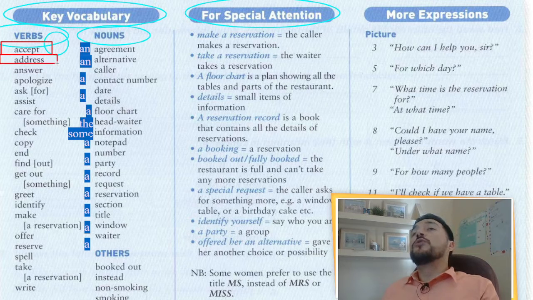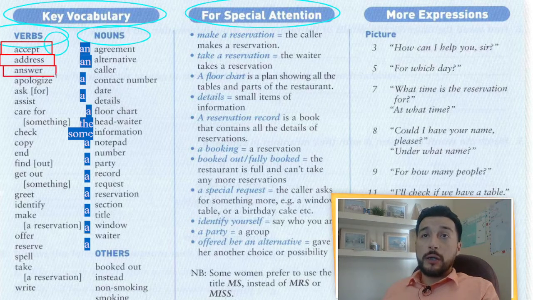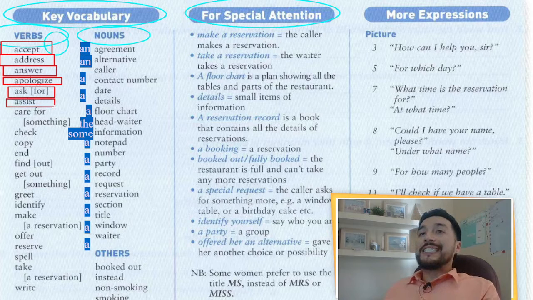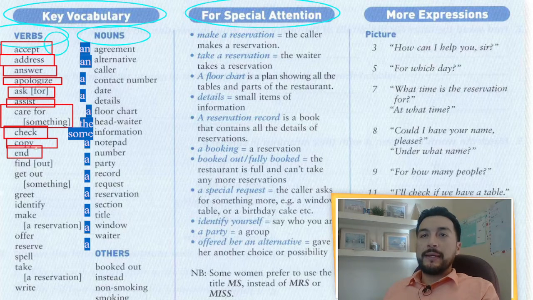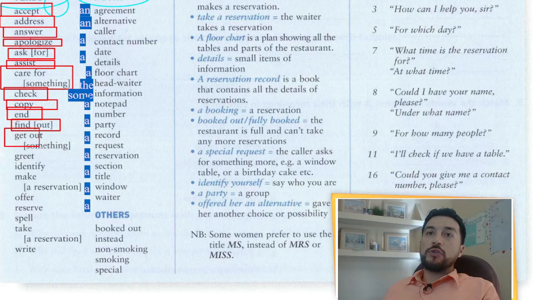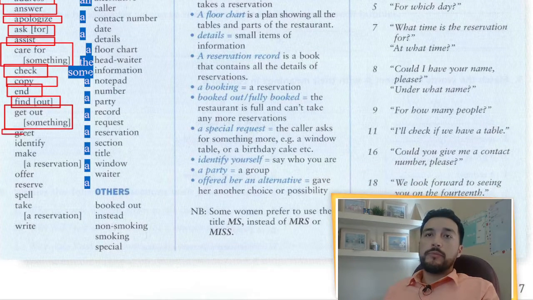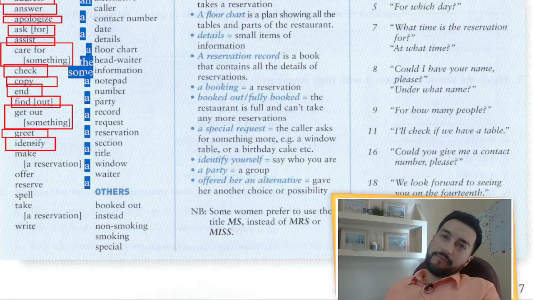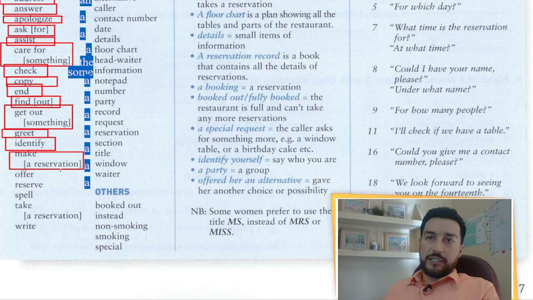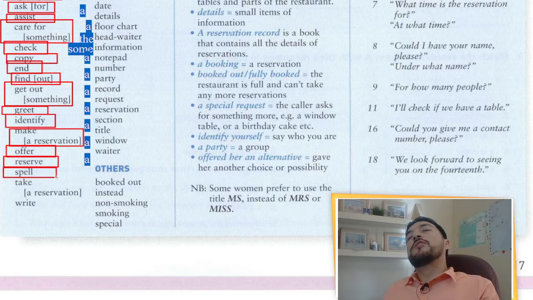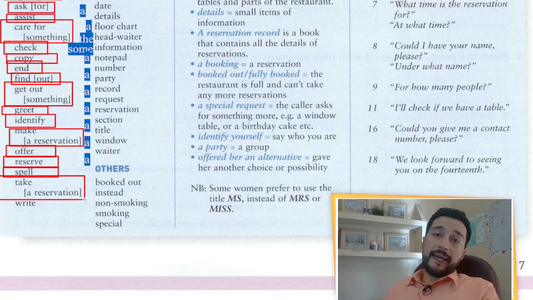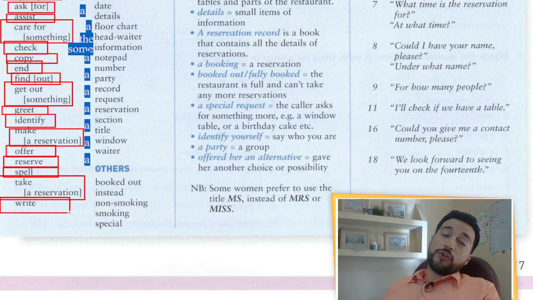To accept, to address, to answer, to ask, to care for something, to check, to copy, to end, to find out, to get something out, to greet, to identify, to make, in this case, a reservation, to offer, to reserve, to spell, to take a reservation, and to write.